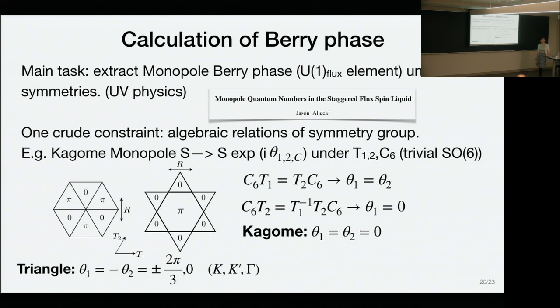I understand that different Berry phases for different components of the SO(6) representation are related. But for a single monopole, why does the Berry phase have to be abelian? It doesn't have to be abelian. As you say, the symmetry group is non-abelian.